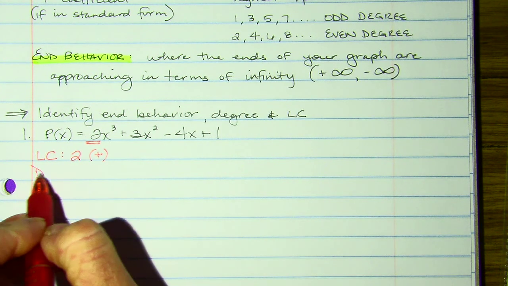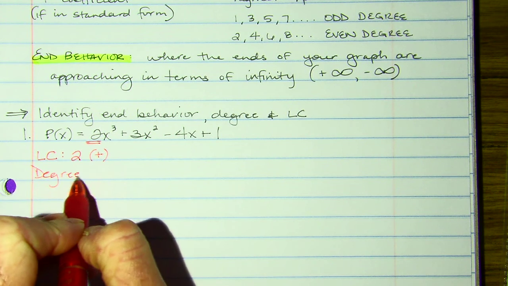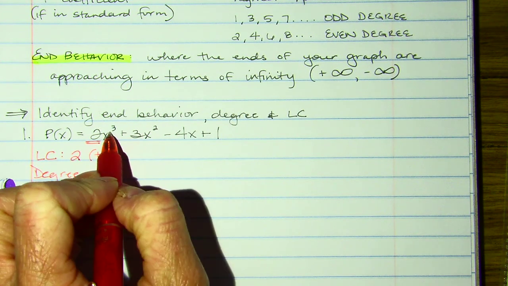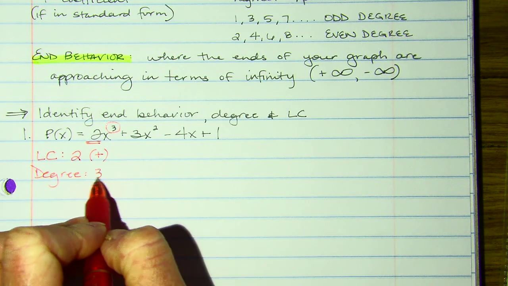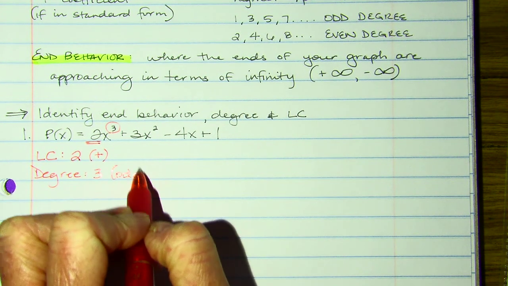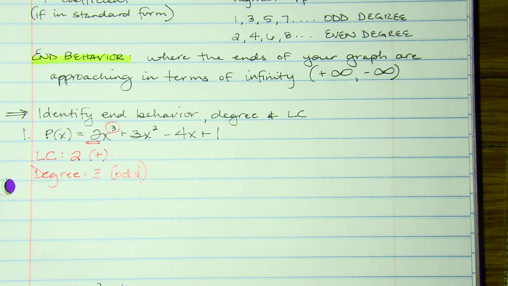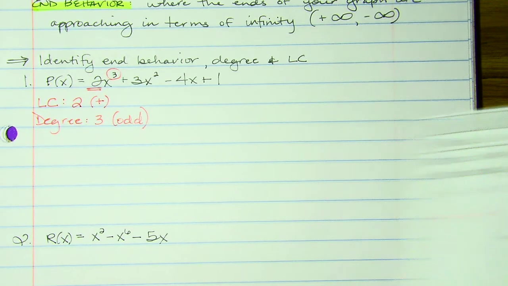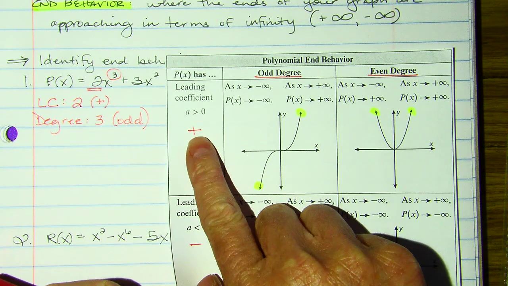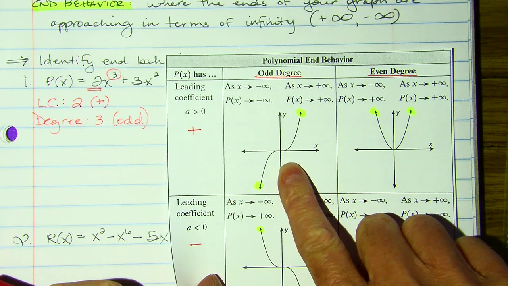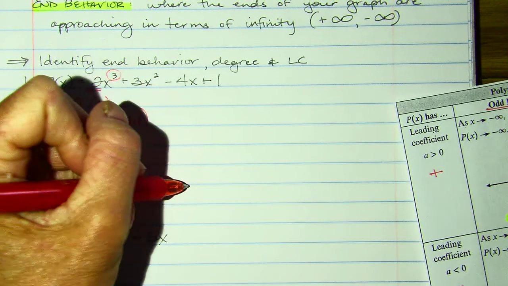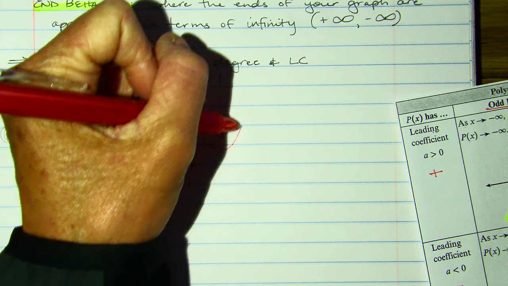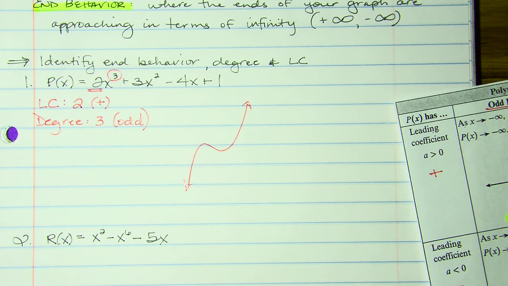And my degree is 3, which is an odd number. So if I use that information and I go to here, I have a positive odd degree. So my graph, this isn't like a perfect, but it's going to have this general shape.